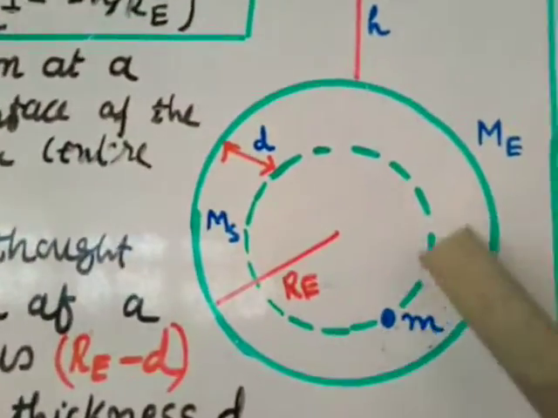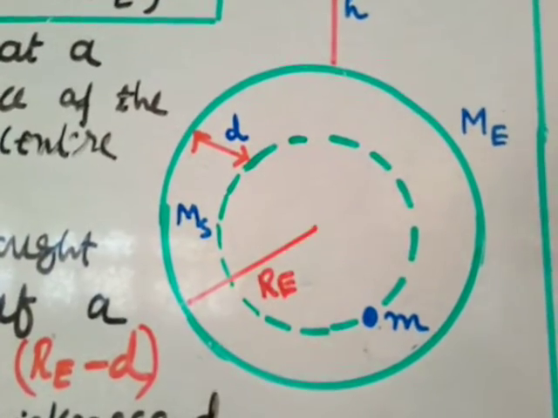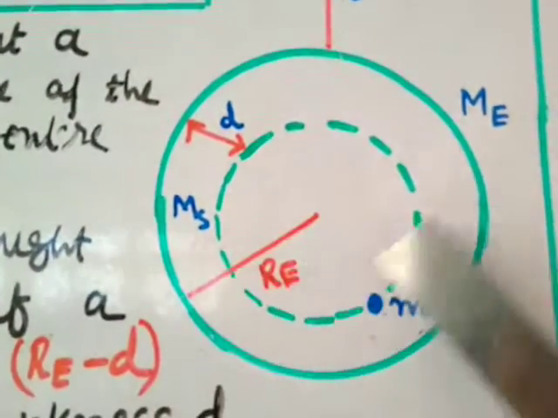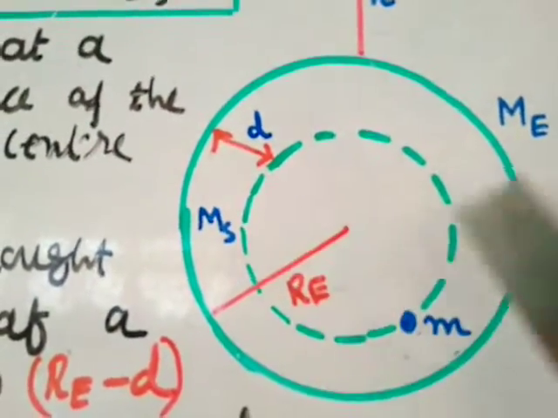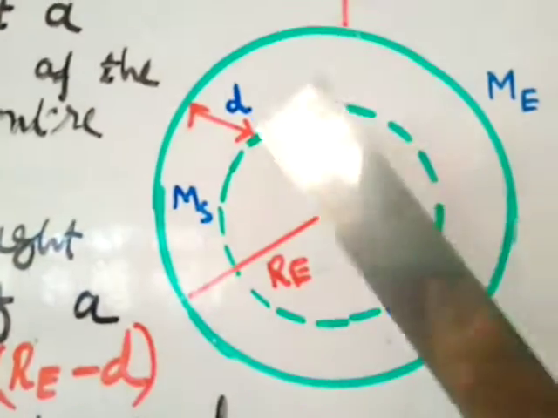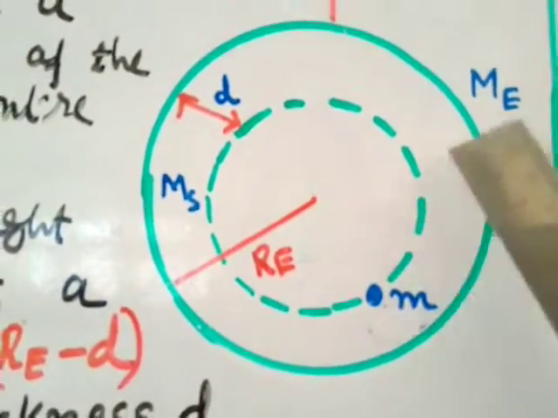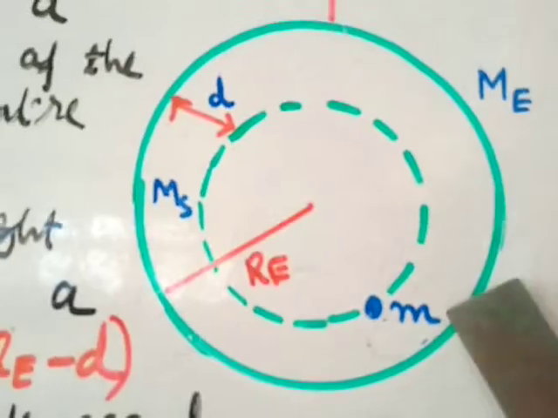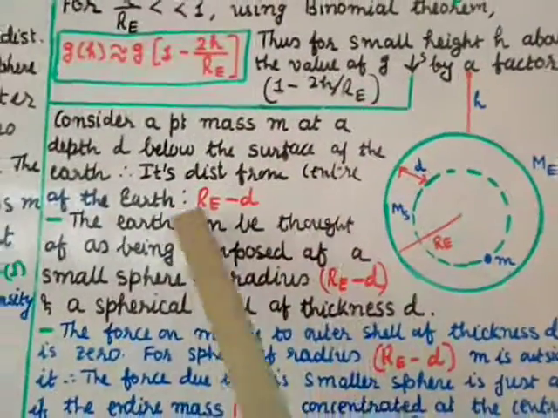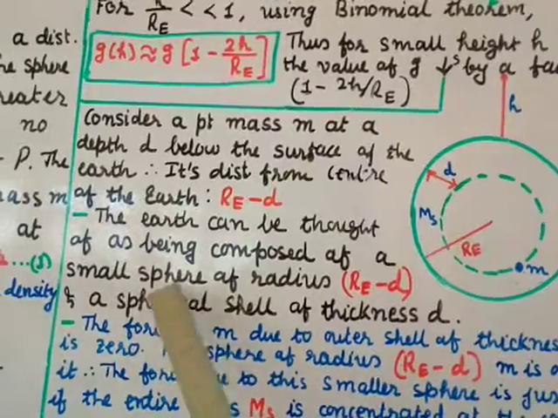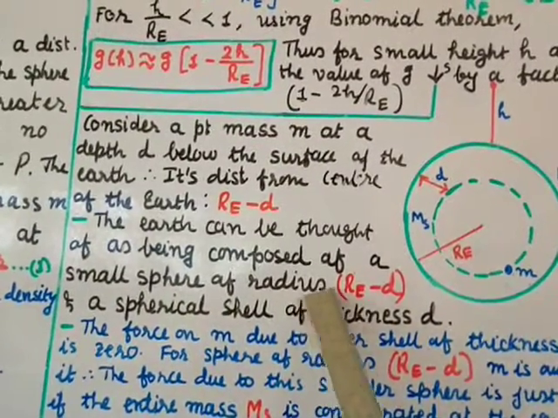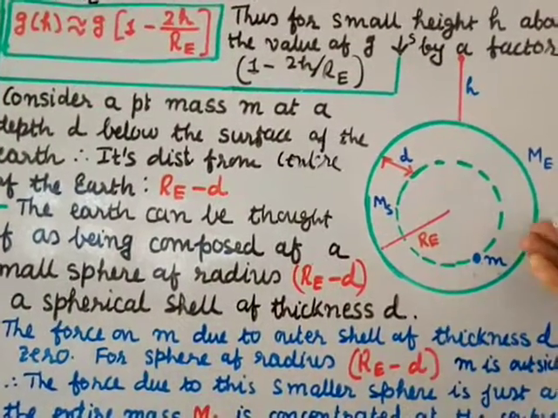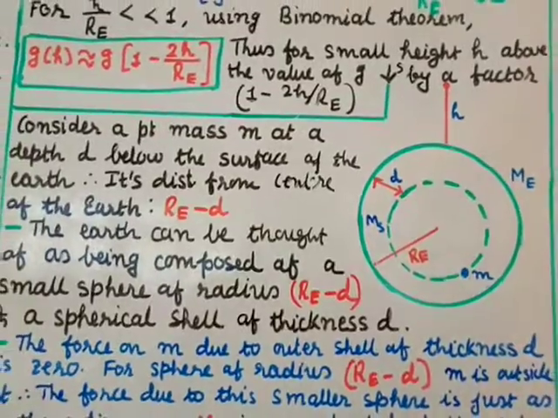Here you can think of the inner part as a sphere of radius Re minus d, from here to here, and the outer part, from here to here, is the shell of thickness d.